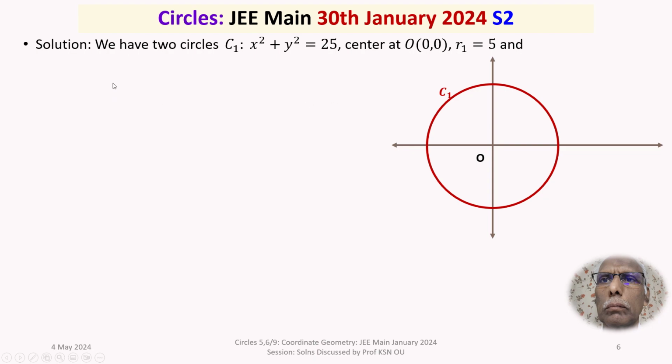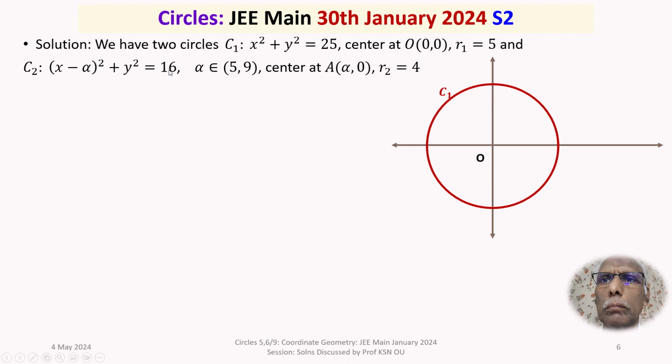And we have the second circle C2 given by x minus alpha whole square plus y square is equal to 16, where alpha belongs to the open interval 5, 9. The center of this circle is, let's say, at a point A (alpha, 0) on the x-axis.